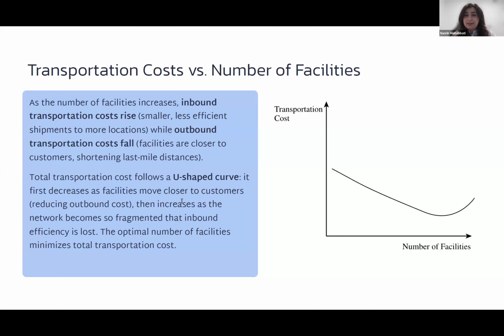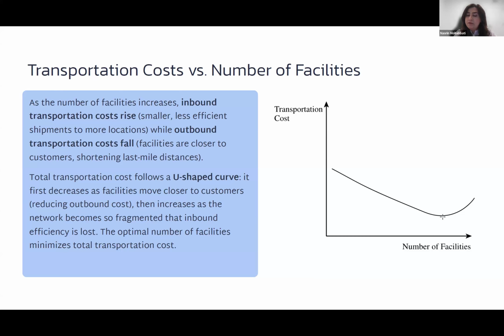So here is the relationship between transportation cost and facilities. So better response time, more number of facilities, but if we increase the number of facilities, what happens to transportation cost? So it is interesting that transportation costs first will decrease as we increase the number of facilities.